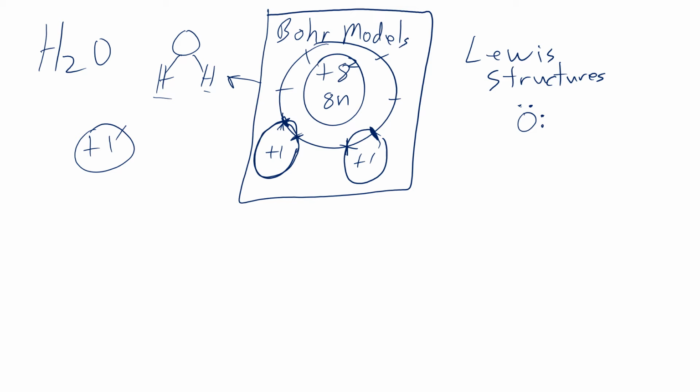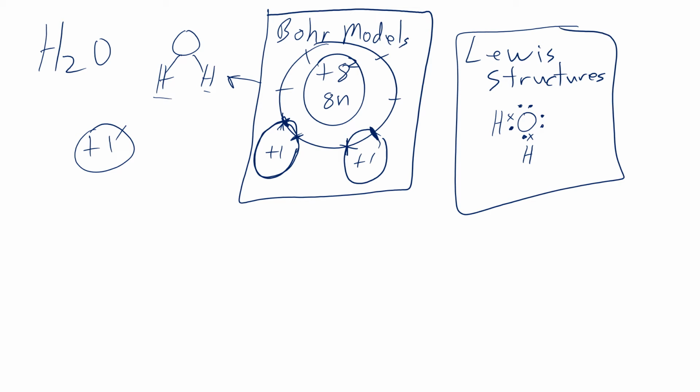There wasn't a name for s, px, py, pz, but that's kind of what these 4 areas represent. So in oxygen, the 6 electrons in the outer shell would be 2s2, 2px2, 2py1, 2pz1. They found that oxygen likes to bond to 2 hydrogens, and we learned early on that we can get a stable octet, and it likes that. That's another way of saying it. We'll put the 2 hydrogens around it. Notice they're still angled, and so this will be the Lewis structure of H2O.